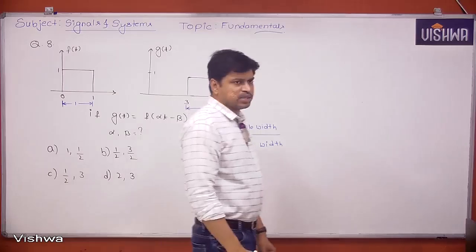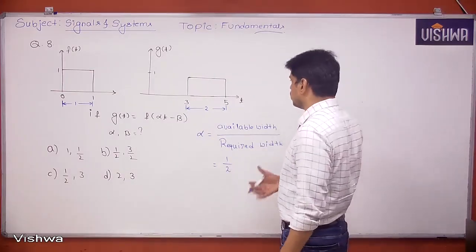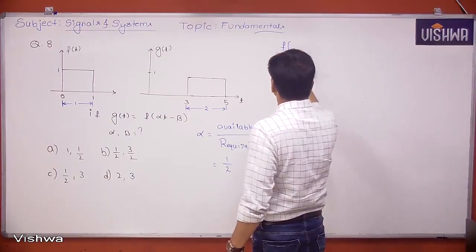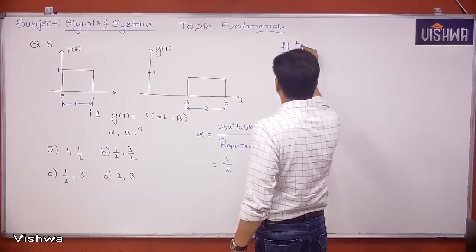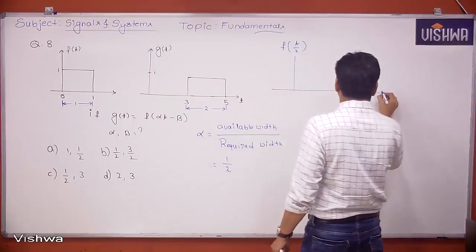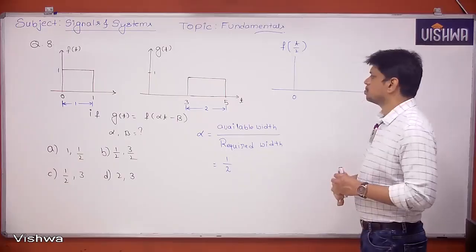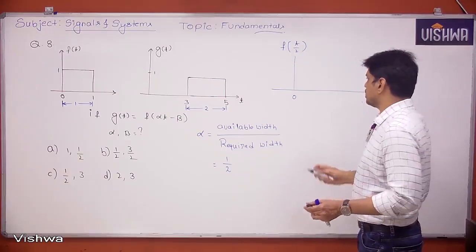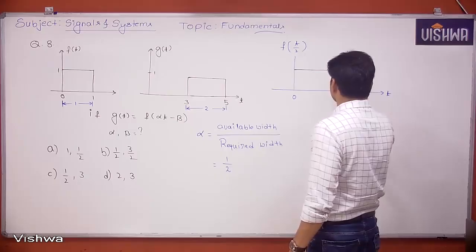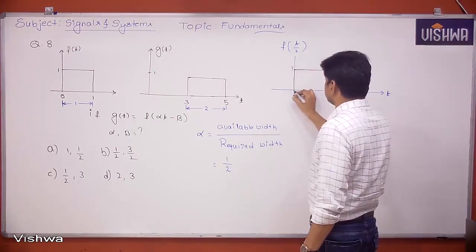Once we got the time scaling factor, just apply it so that you can see what it is going to be. Let's say f of t by 2. How can we draw this? That means we have to expand it by 2. So this exists from 0 to 2. That's the f of t by 2.